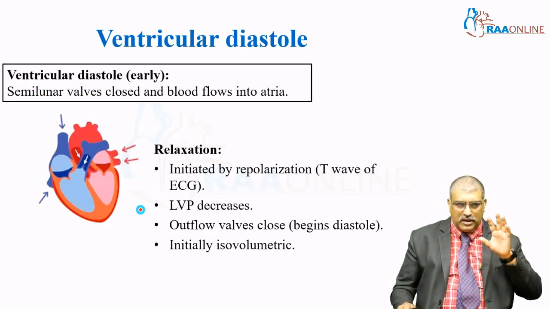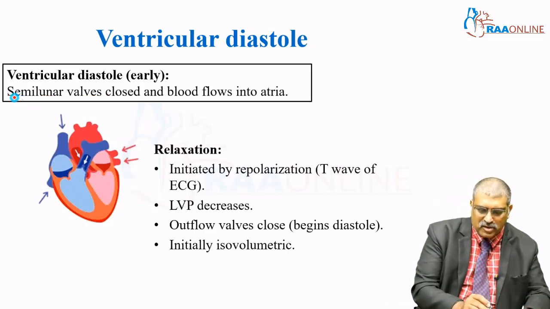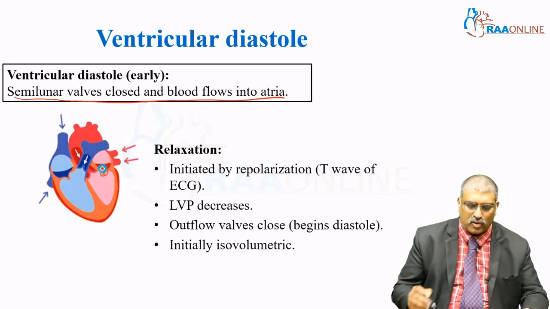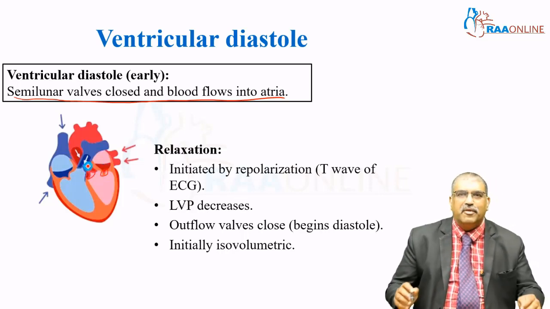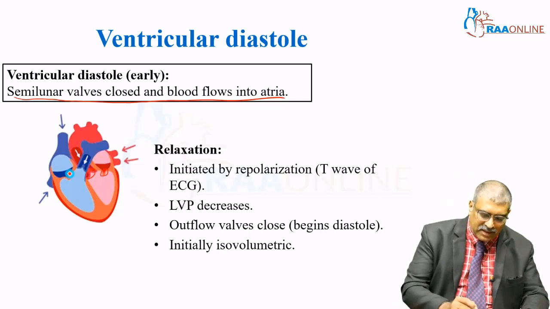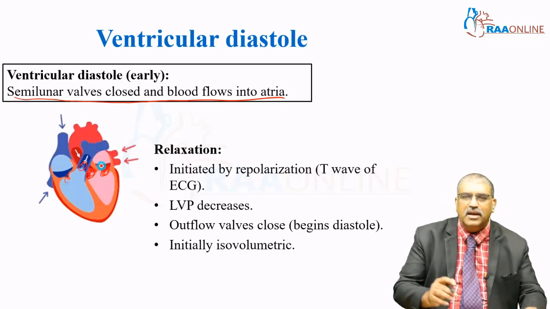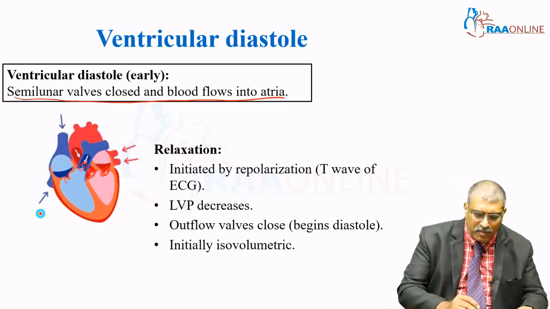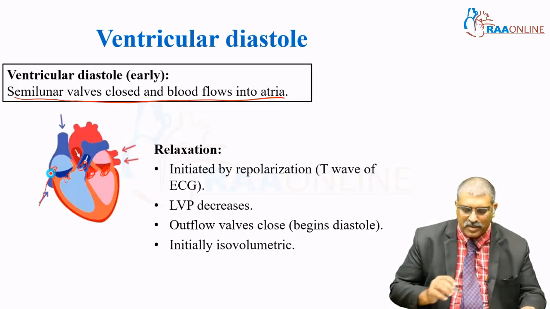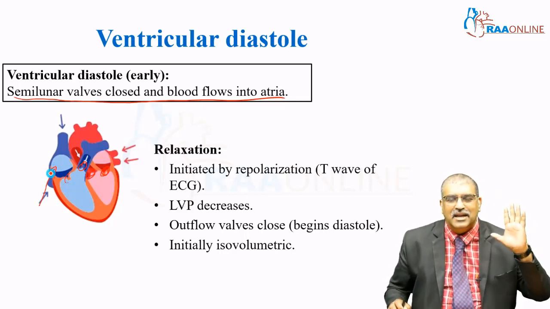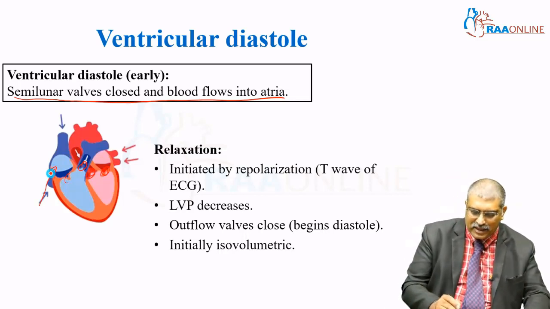Now coming to diastole. In the initial part of diastole, the semilunar valve is closed and your AV valve is yet to open. The tricuspid and mitral valves are yet to open, and the pulmonary and aortic valves are also closed, but the blood from the systemic circulation flows into the atria. This is the early ventricular diastole.